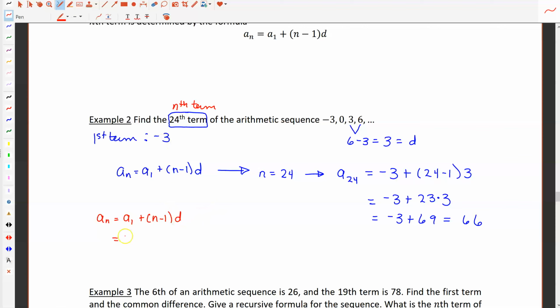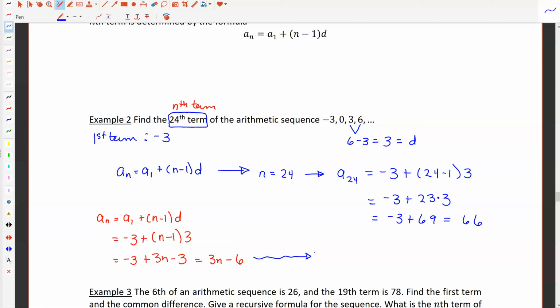My a sub 1, my first term, is negative 3 plus, and I'm going to leave the variable n alone because I'm talking about a generic value in the sequence, and my common difference was 3. Normally we would clean this up, so I'll be left with negative 3 plus 3n minus 3, or 3n minus 6. So this would be my formula for a general nth term.